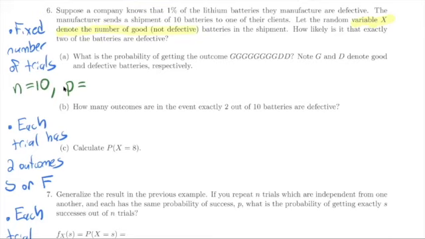So the probability of a success would be how likely we are to get a good battery, which is 99% of the time. And we use q to denote the probability of failure. This notation is pretty standard across all textbooks and all software: n, p, and q for binomial distributions.